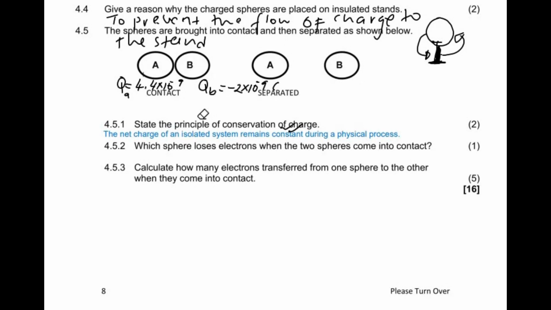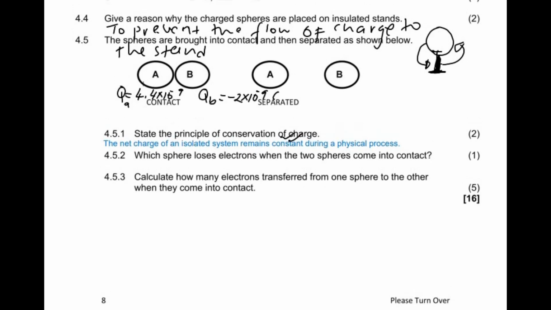So a sphere which has more negative charge than the other sphere is the sphere that is going to transfer the electrons. So we see that this sphere carries a negative charge. It means it has an excess of electrons. So those electrons are going to want to move.